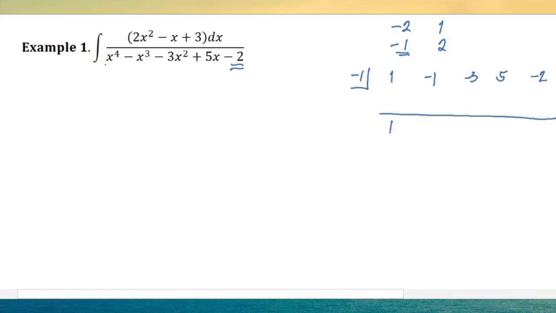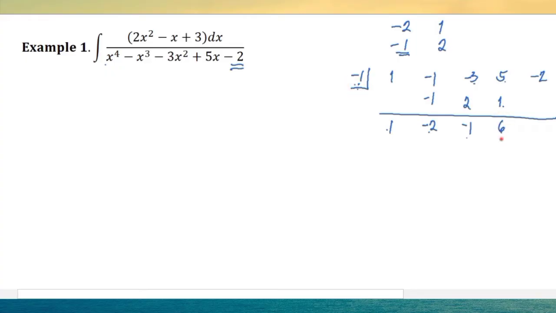So, bring down 1, multiply, negative 1 times 1, that's negative 1, so add, that's negative 2. Negative 2 times negative 1, that's positive 2, and we have here negative 3 plus 2, that's negative 1. Negative 1 times negative 1, that's positive 1, and 5 plus 1, that's 6.